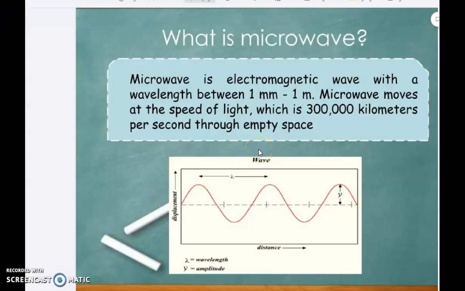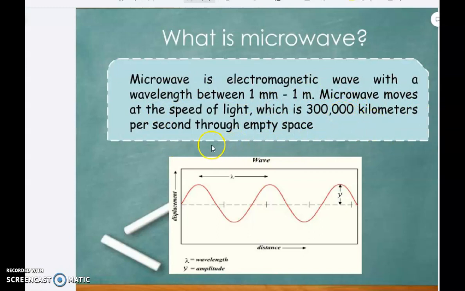Generally, a microwave is an electromagnetic wave with a wavelength between 1 millimeter and about 1 meter. Microwaves move at the speed of light, which is 300,000 kilometers per second through empty space. So you have to note that.